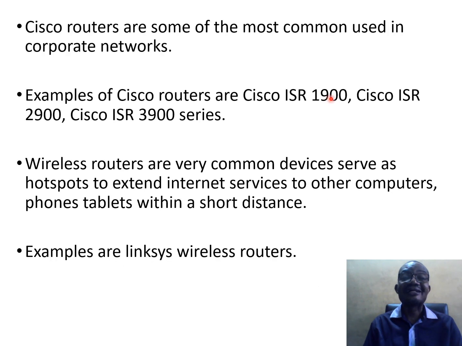Cisco routers are some of the most commonly used in corporate networks. Examples of such Cisco routers are Cisco ISR 1900, Cisco ISR 2900, and Cisco ISR 3900 series.